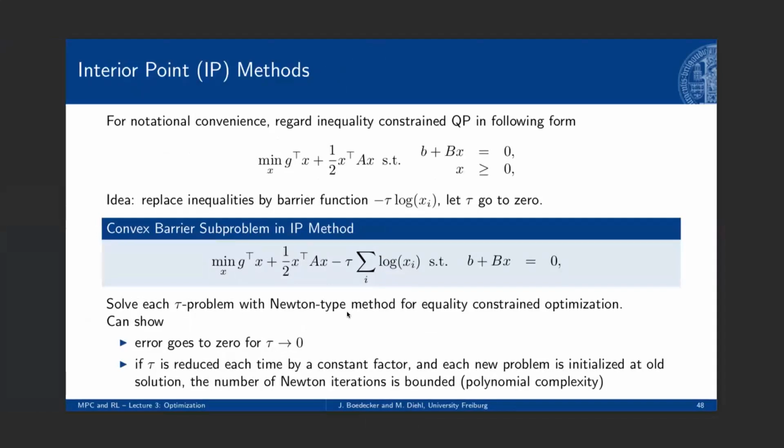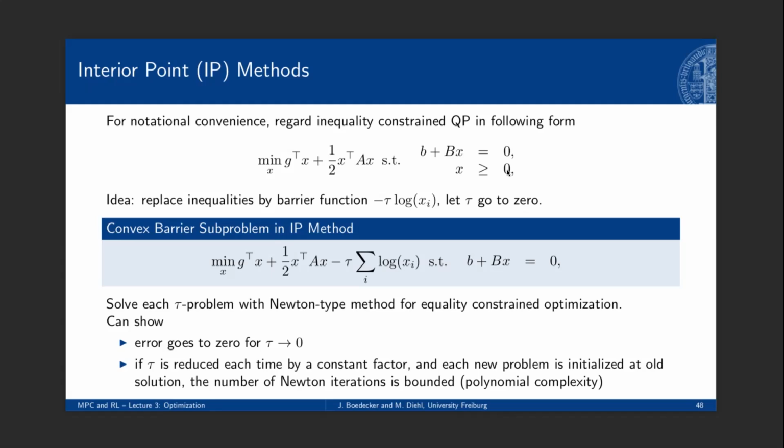So let's regard an inequality constraint QP in a kind of modified standard form. So you see here that all the x variables are positive, and that's my only inequalities. I can always add some extra variables to make every problem into this form, I should say, right? There's always some tricks with so-called slack variables. So let's just accept this is the form in which we have our QP now.